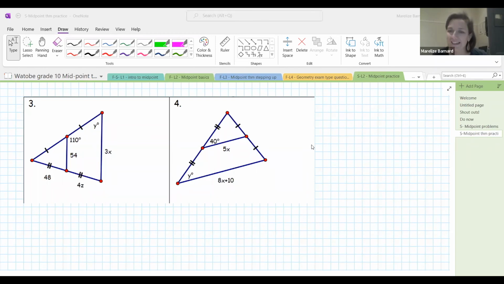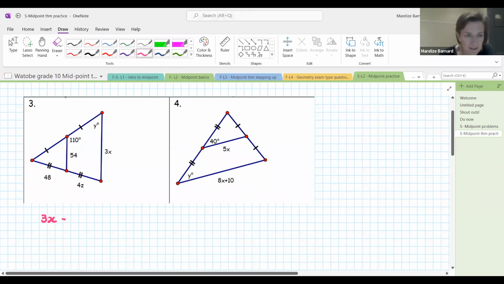Robin Lee gets a nice star. Robin Lee, do you want to unmute and tell us how you got that? Evening, ma'am. Ma'am, I said 3x is equal to half of 54.